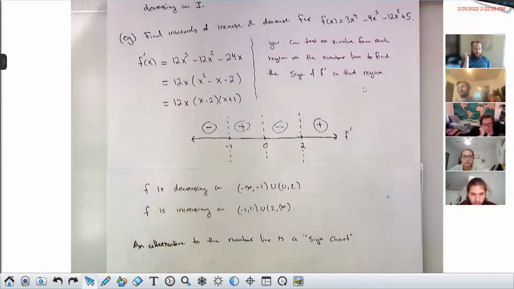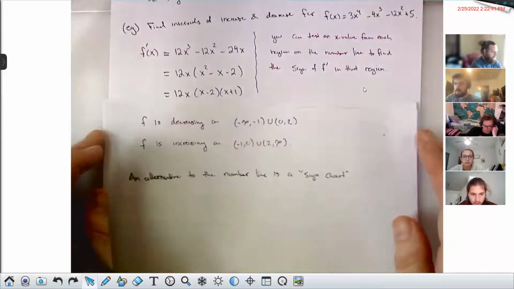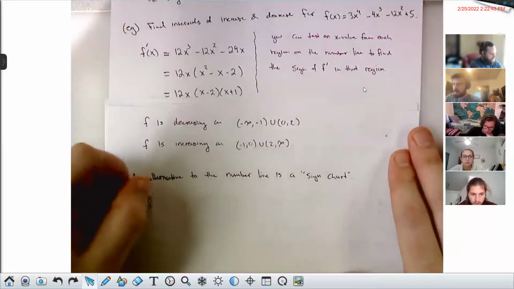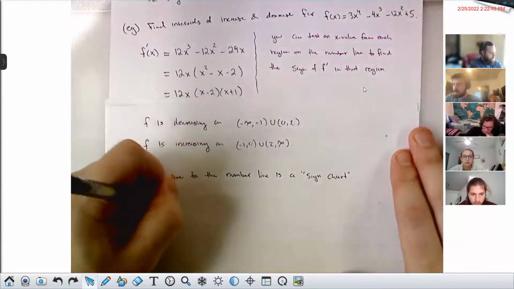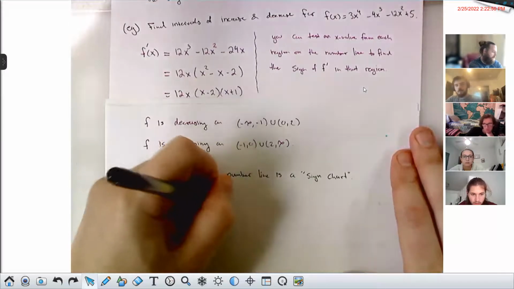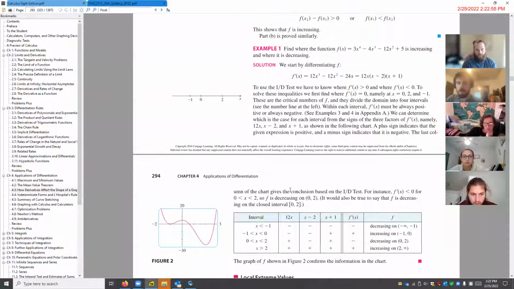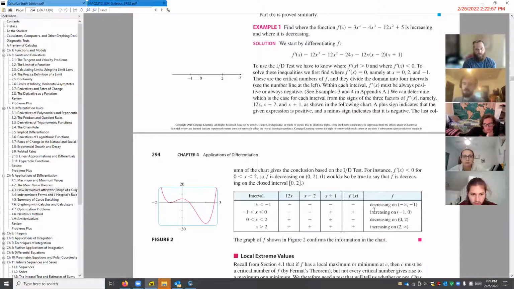And this is where, rather than worrying about the sign of f prime all at once, you worry about the sign of each factor. So if I take f prime equals 12x times x minus 2 times x plus 1, I can build, you'll see this is how the textbook does it. They build a little table for each factor, and they consider each interval separately.